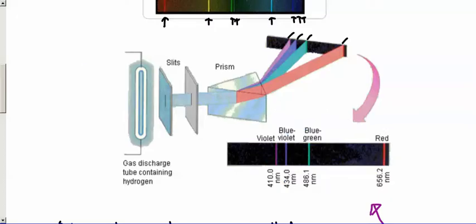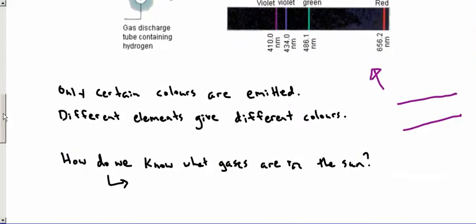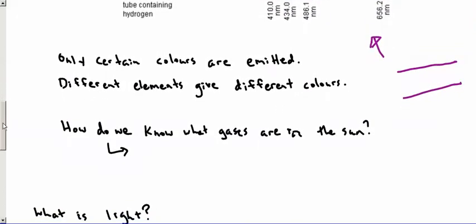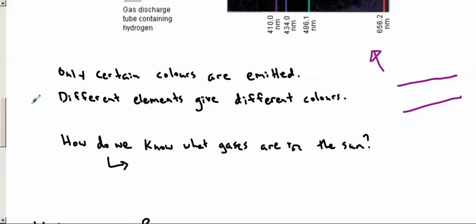So only certain colors are going to be emitted. We call this picture of the different colors an atomic spectrum. Sometimes they use the word spectra. Only certain colors are emitted, and different elements will give off different colors.